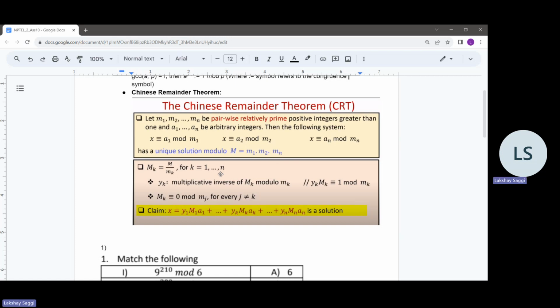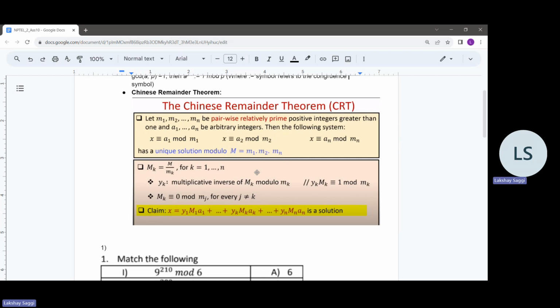Suppose we get an x which leaves the remainder, let's say k modulo capital M, and that k will be unique. What I mean to say is that any number which satisfies all of these equations will leave a unique remainder when divided by this capital M. So this is what the Chinese remainder theorem states.